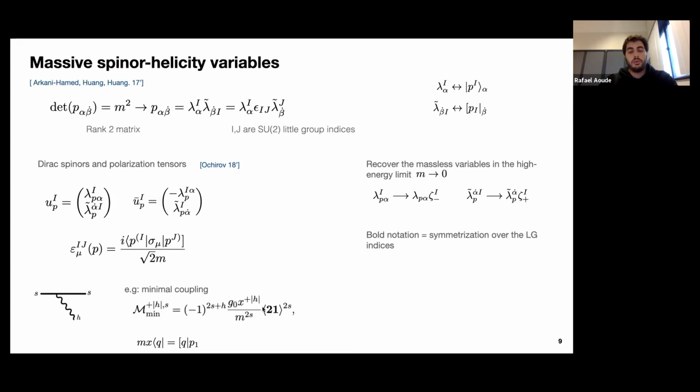So this will involve the angular bracket of the two massive particles to the power of 2s, where this bold notation means that you have a symmetrization of the little group indices of the same particle. You also have an x factor in the amplitude, which is the constant of proportionality between your angular brackets from q and p1 times the square bracket.